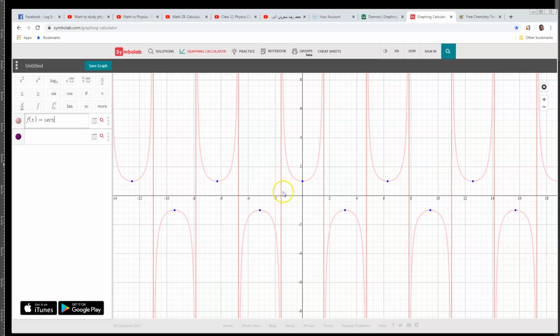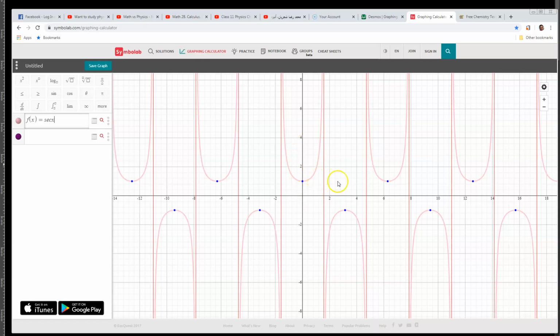And the other way, you have all of these asymptotes at -pi by 2, -3 pi by 2, -5 pi by 2, and so on and so forth.